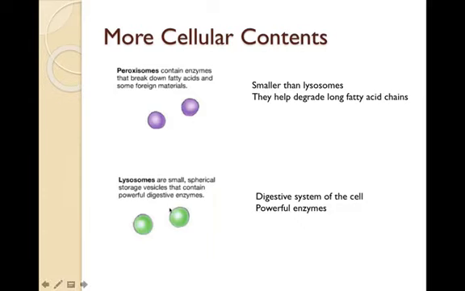They have very powerful enzymes within them, and it's extremely important that they are separate from the rest of the cell, because if they weren't, the enzymes within the lysosomes would actually kill the entire cell. So again, highlighting the importance of compartmentalization within the cell.